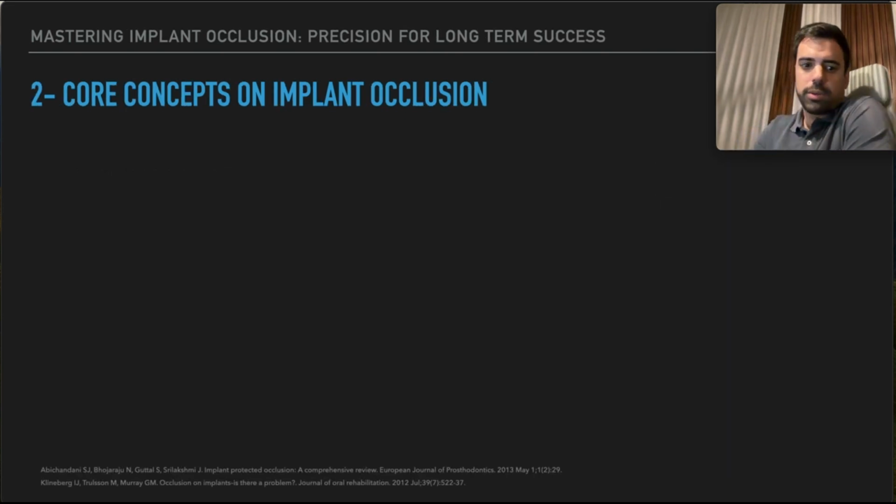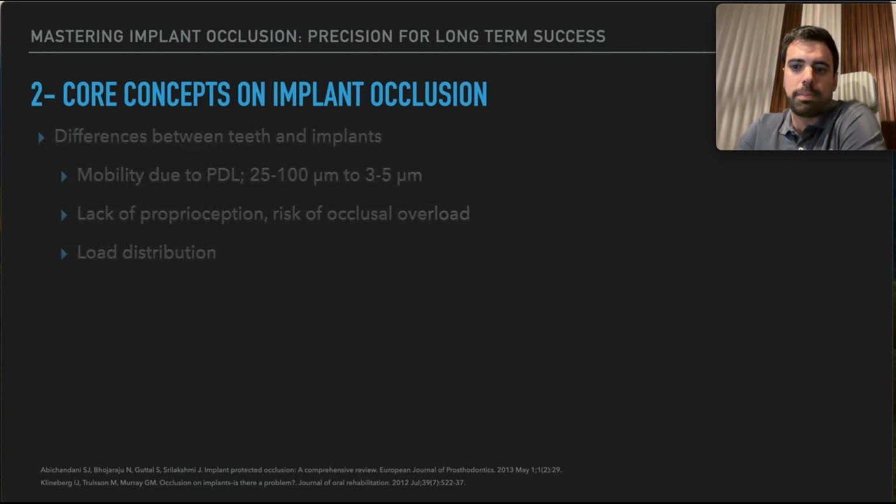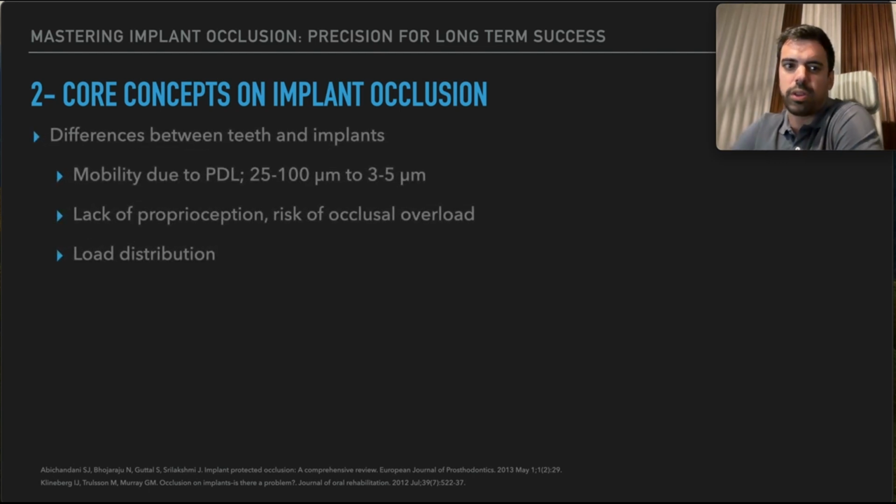So the core concepts, and you're going to see a lot of references down in the presentation because I've taken other authors to just kind of back up my research. And the main difference here, and we know this, is the mobility that we have on teeth due to the periodontal ligament. It goes from 25 to 100 microns, micrometers.